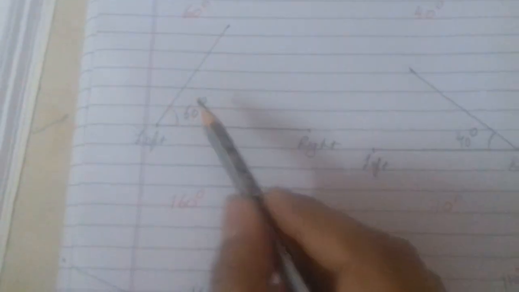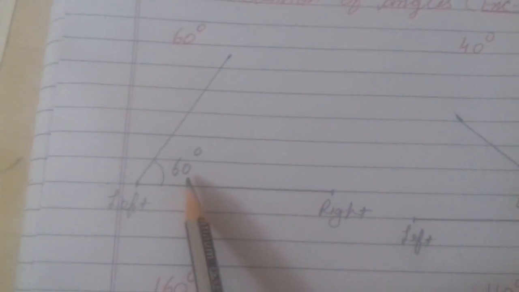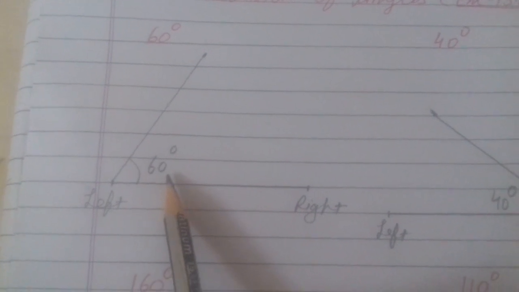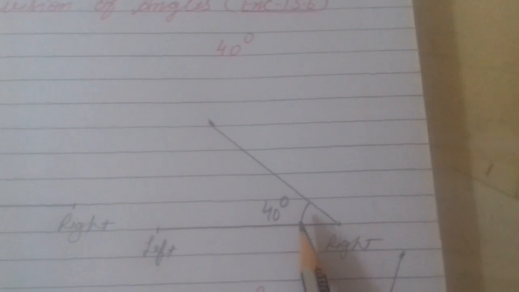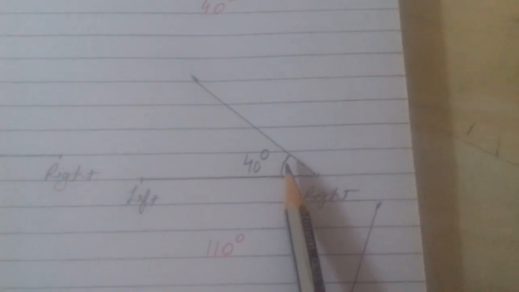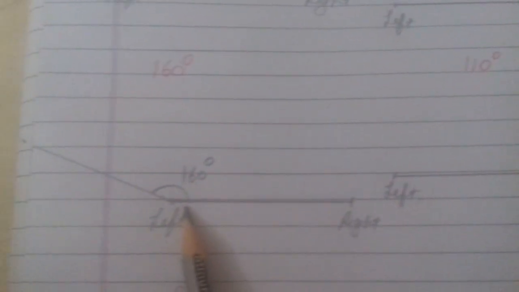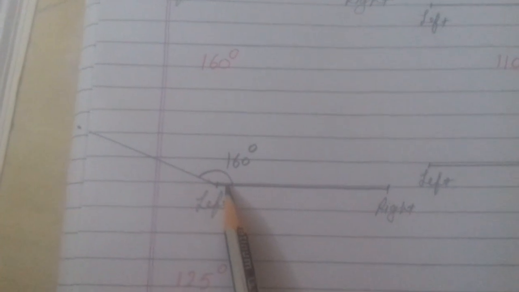Now let us discuss. What kind of angle is this? 60 degree. This is acute. Acute angle is the angle whose measure lies between 0 to 90. This is acute angle. Come to this angle. Which angle? 40 degree, again between 0 to 90. Acute angle. This is which kind of angle? 160. It is lying between 90 to 180, obtuse.